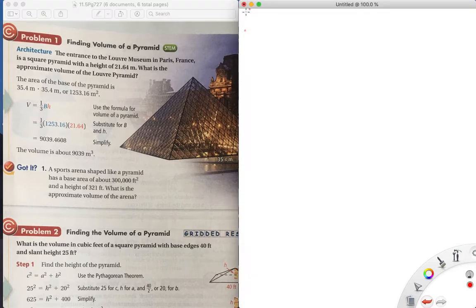So volume equals 1/3 the area of the base times the height. In this case, our base is 300,000 feet and our height is 321 feet.